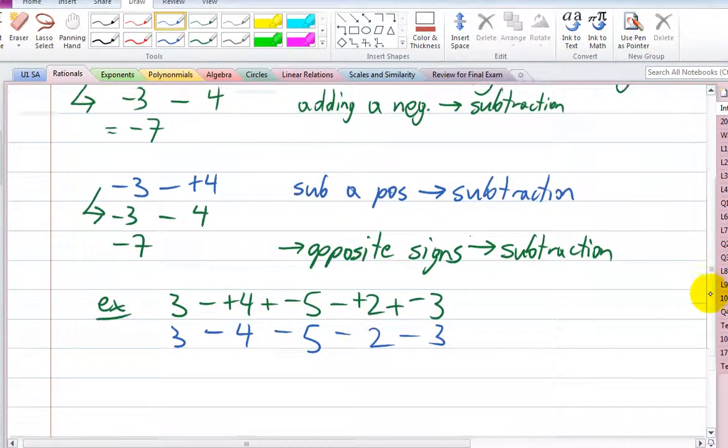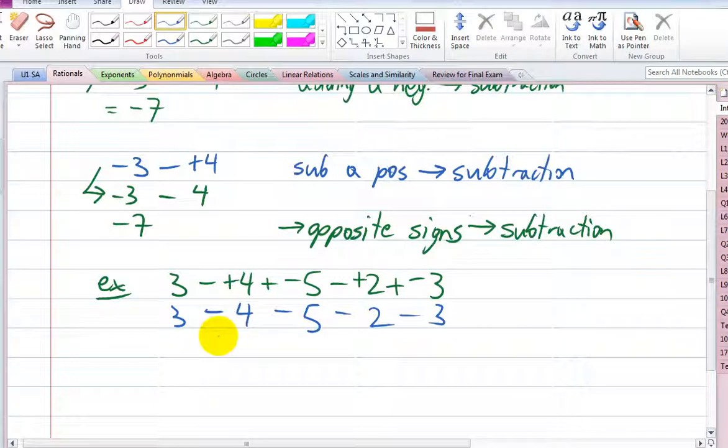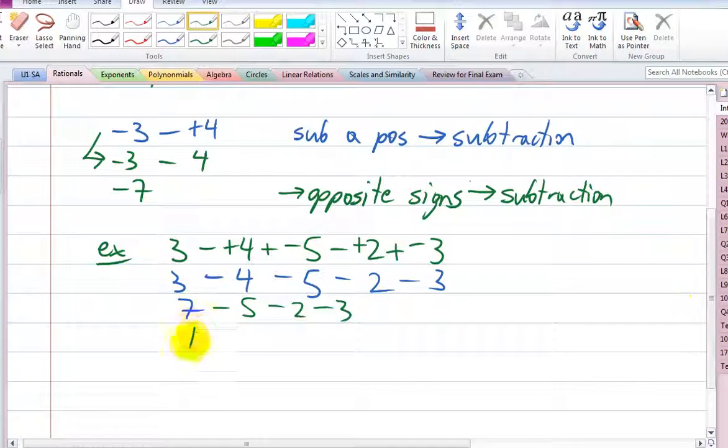Okay. Now following BEDMAS, you want to go left to right. So I change this to a 7. Then minus 5, minus 2, minus 3. And then you change it to a 12. Sorry. I screwed that up, didn't I?